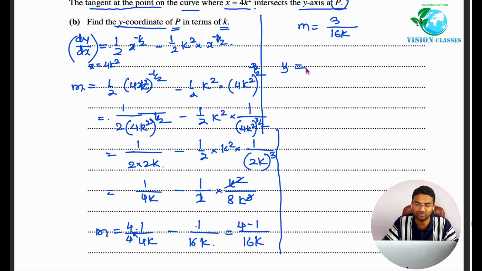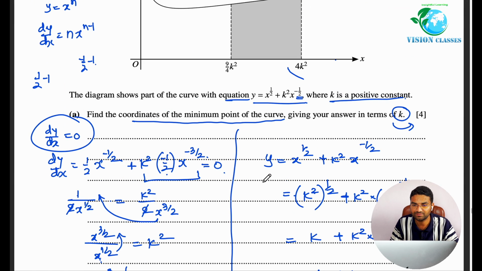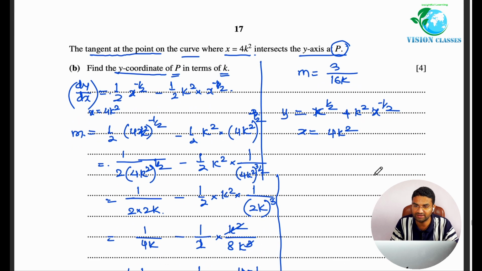So y is equal to x raised to 1 by 2 plus k square times x raised to negative 1 by 2. Put x equal to 4k square and you will get the y value.